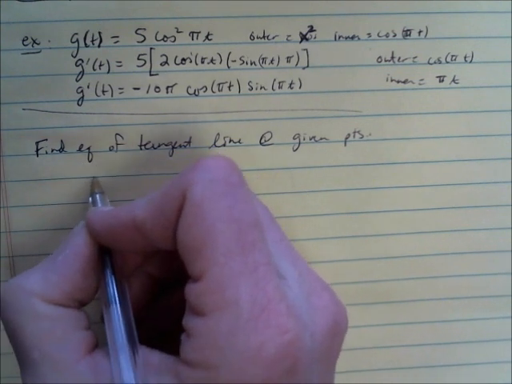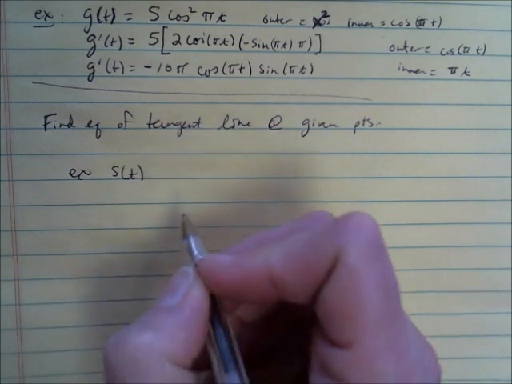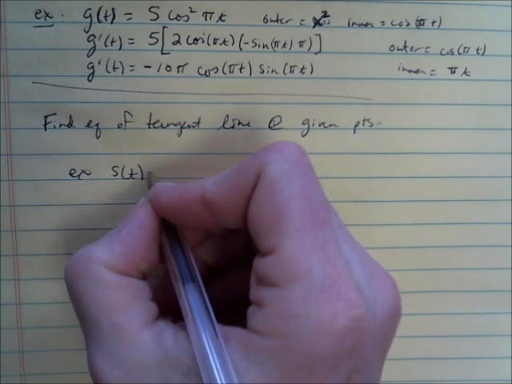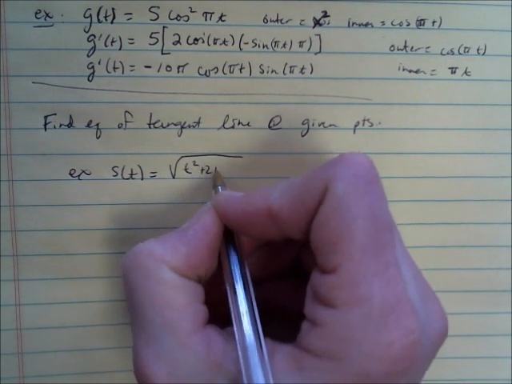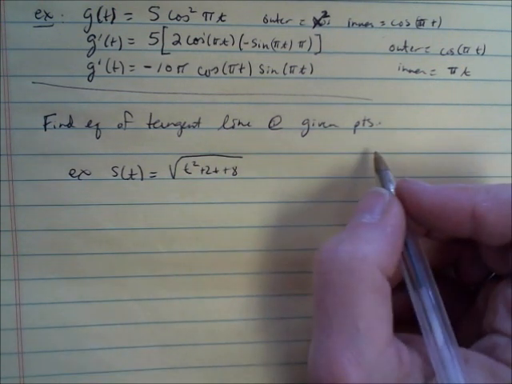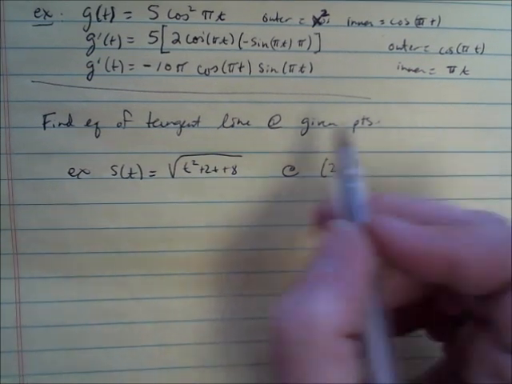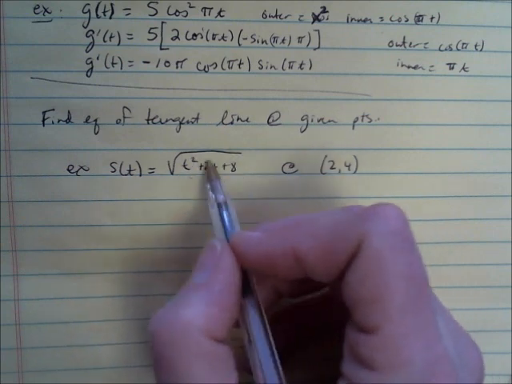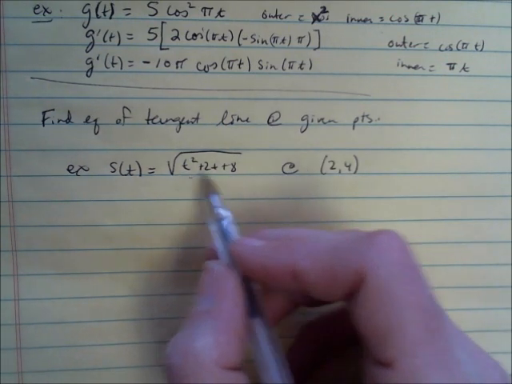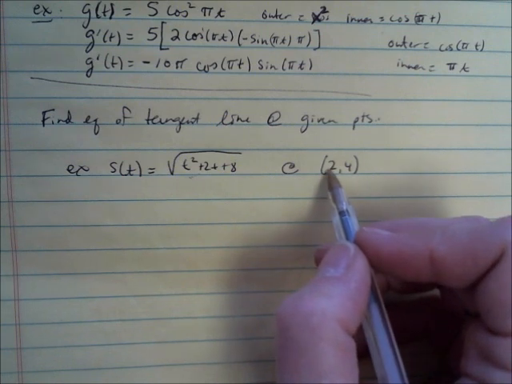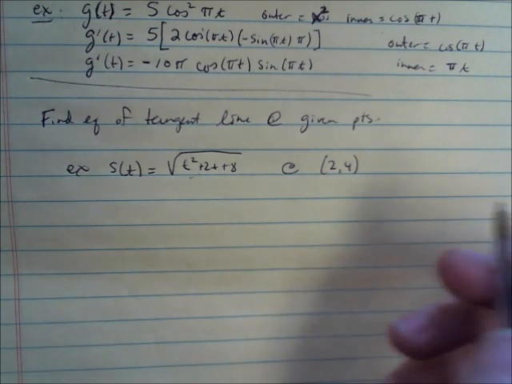So our first example will be s of t, which looks like it's a position function. s of t is equal to the square root of t squared plus 2t plus 8, and we'll find that at point (2, 4). So we're going to find an equation of the tangent to this graph at this point (2, 4), which means we have to take a derivative, substitute t equals 2 as the slope, and then use the point slope formula on (2, 4).